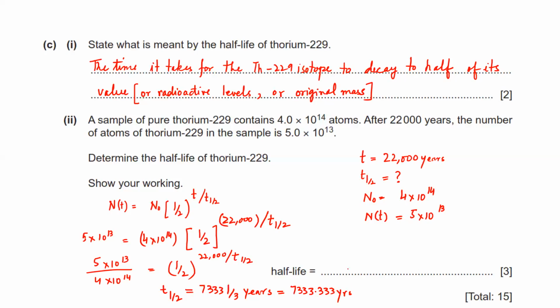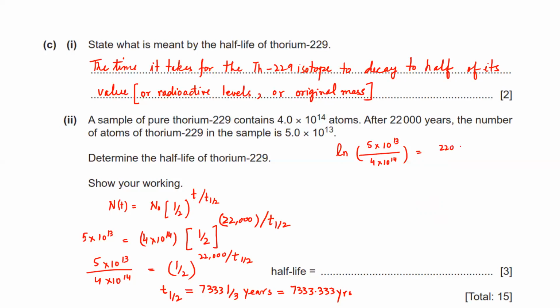Let me show you a little more of how we came up with this value. We have 5 into 10 to power 13 divided by 4 into 10 to power 14. If we take natural log on both sides, it comes out to be 22,000 divided by t half times natural log of 1 by 2. Now it becomes easier.